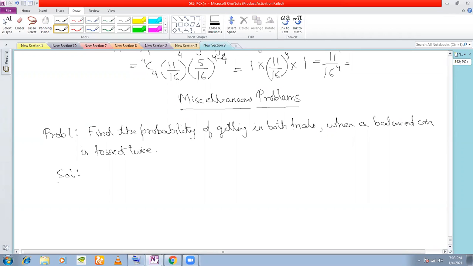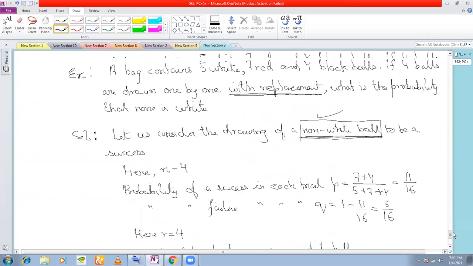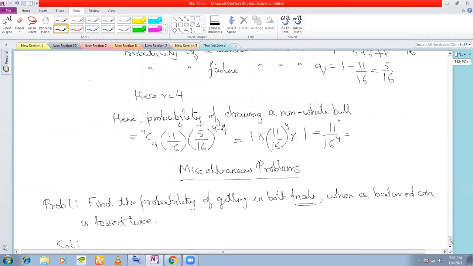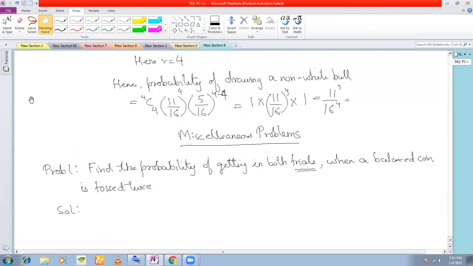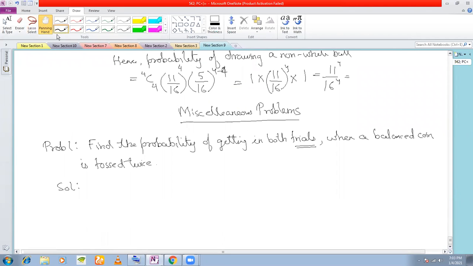The third one. You see this word trial? Trial is related to the third one. So that means which formula we have learned to use? You have to use nCr p to the power of r, q to the power of n minus r.